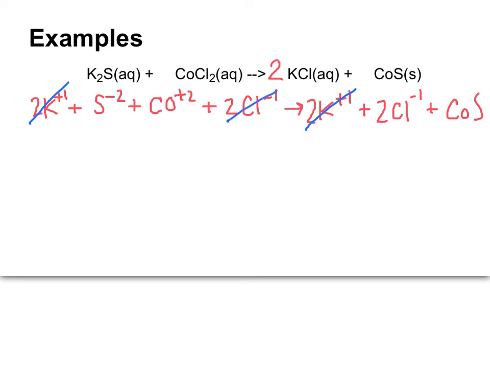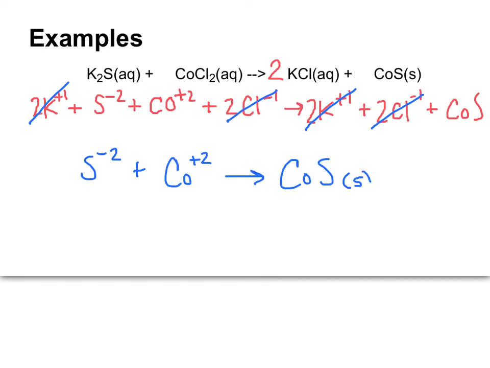We'll call them the spectator ions, and the remaining pieces, S negative 2 and Co plus 2, can be rewritten in the net ionic equation in order to form your CoS, which is in the solid state and therefore stays together.